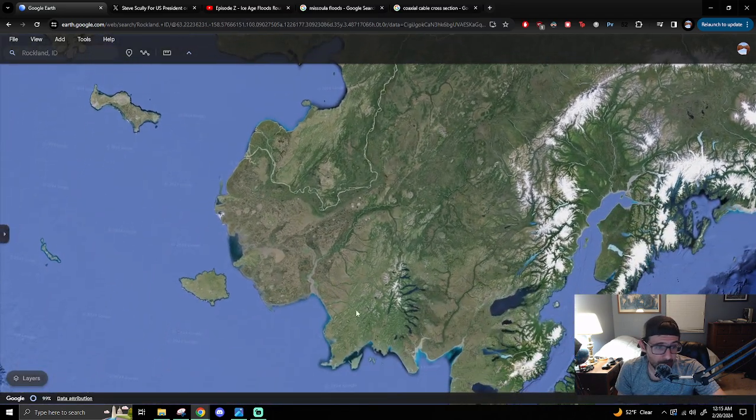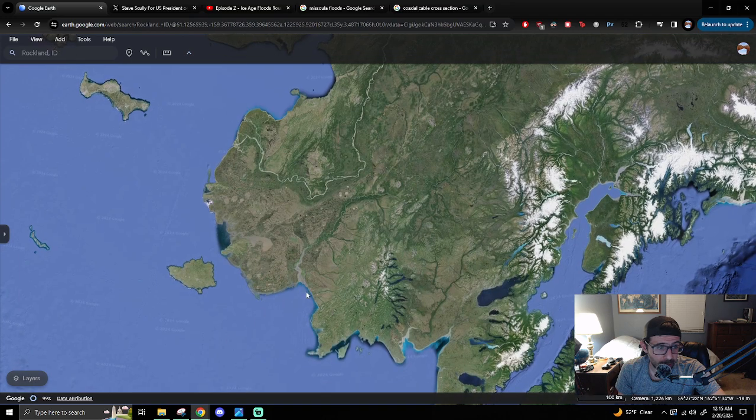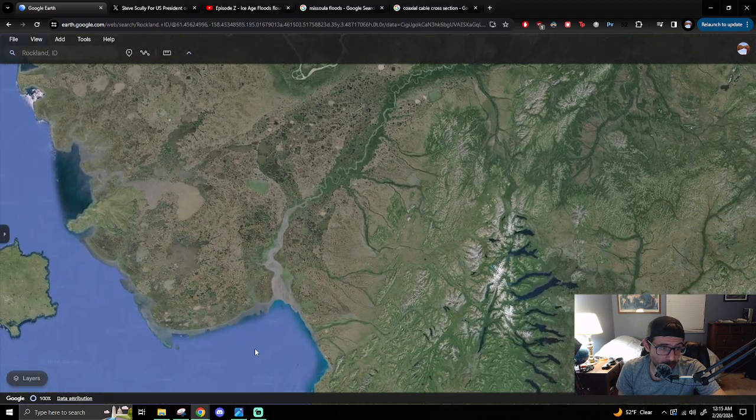Another current generally flowing in down here, in this area, maybe here. It's hard to say. The boundary seems to be pointing more to this area.